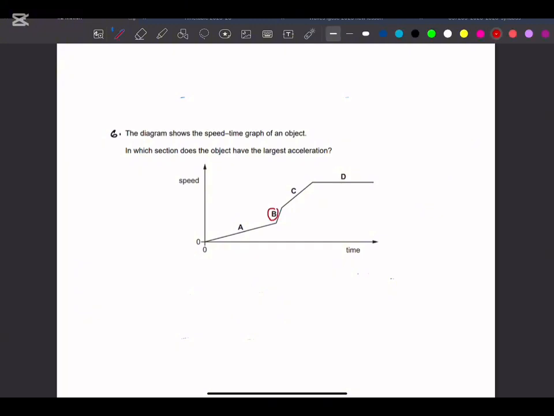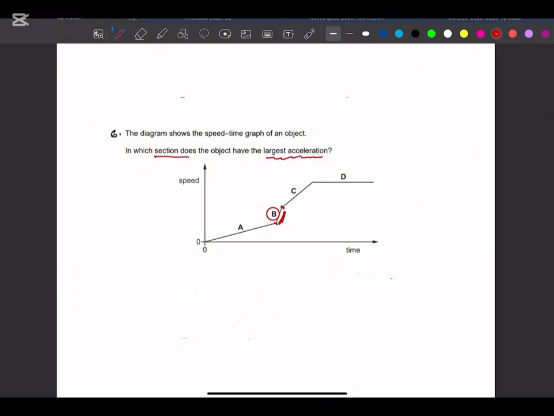यानी हमें ये देखना है कि आपके पास स्लोप सबसे ज़्यादा किसका है. So this portion has the maximum slope. So for the largest acceleration over here, this portion or section is giving us the largest value of acceleration.